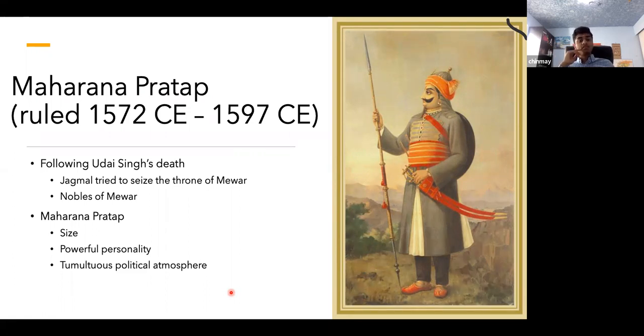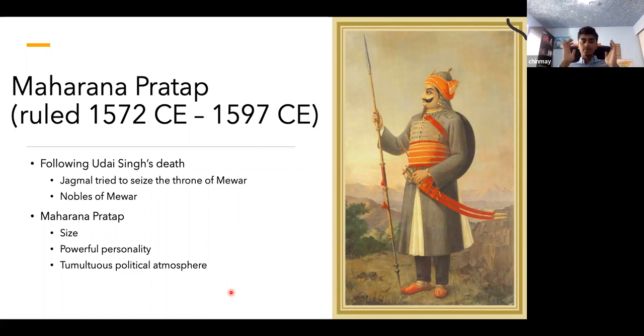The chiefs and nobles of Mewar removed Jagmal and put Maharana Pratap in his place, because they knew Pratap was the older child and a far more capable ruler than Jagmal would ever be. And this was the right move, because immediately after they threw Jagmal out, he ran off to Akbar and joined hands with him. It would have been a disaster had the nobles allowed Jagmal to take over the throne of Mewar.